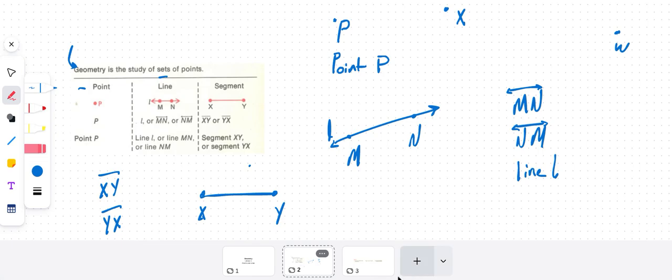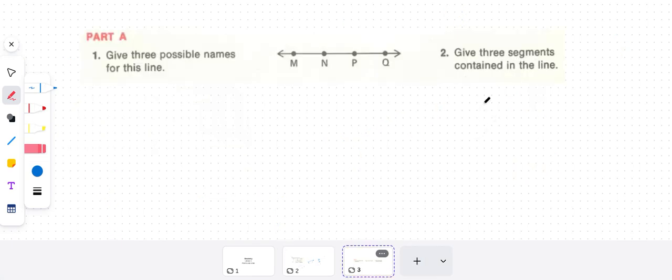Now, let's take a look at an example from the same book. Give 3 possible names for this line. Okay, now notice here's a line. Now there's 4 points. You would not call it line MNPQ. You could call it line MQ. Now somebody else could have said, I'm going to call it QM, and that'd be fine too.